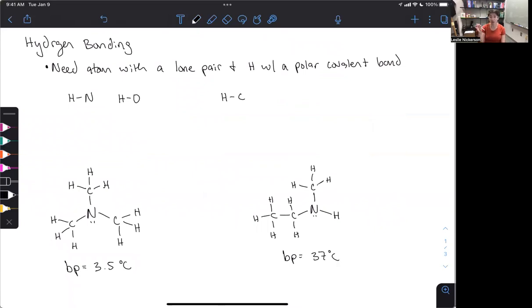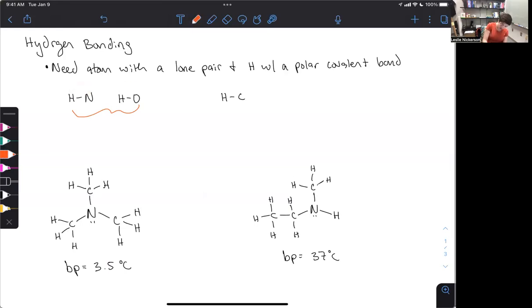Okay, so for hydrogen bonding, there are a couple of things that we need in order to do it. You have to have an atom with a lone pair on it, and you have to have an H that is attached with a polar covalent bond to some atom. If we're looking at some options here, H and N are polar covalent, and H and O are polar covalent.